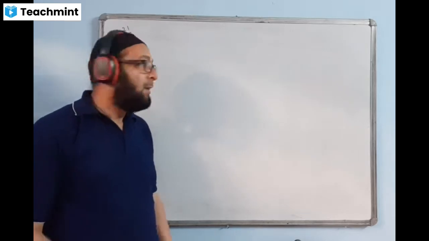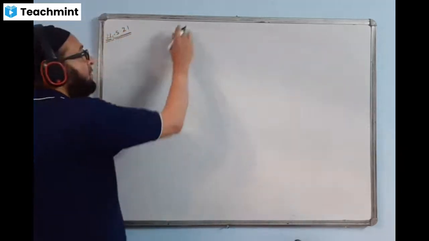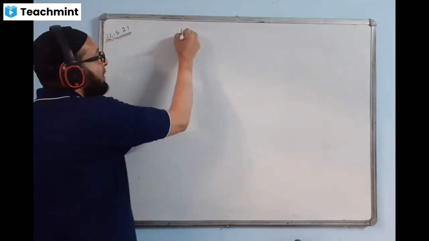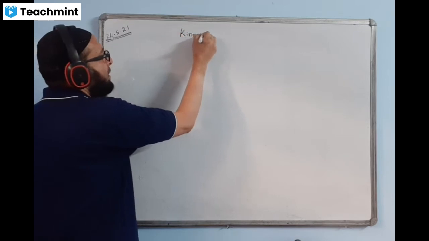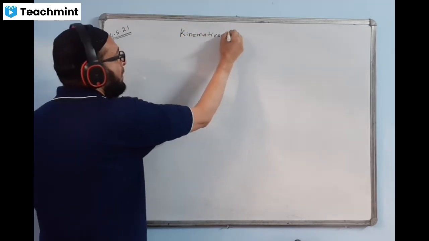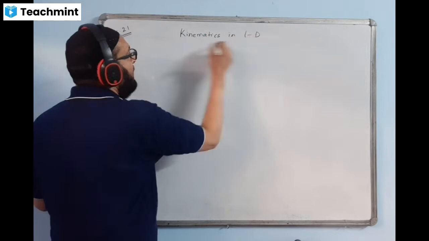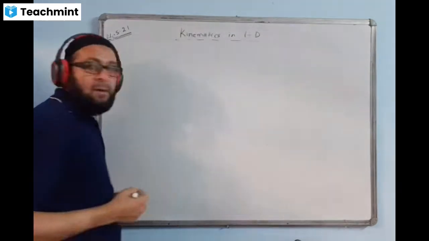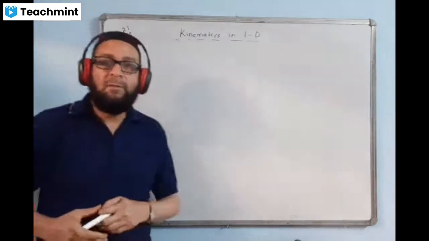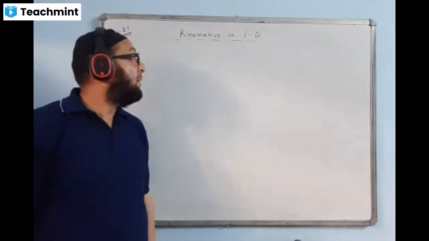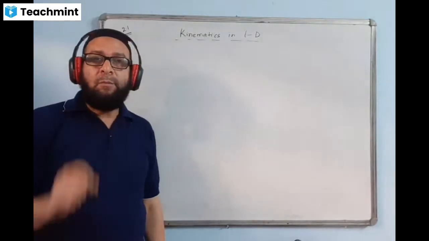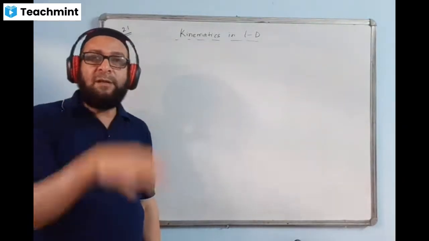Now we are starting a new chapter today. You can add kinematics. Kinematics in 1D. 1D means one dimension. In other words, we are doing the chapter of motion of a body in a straight line.